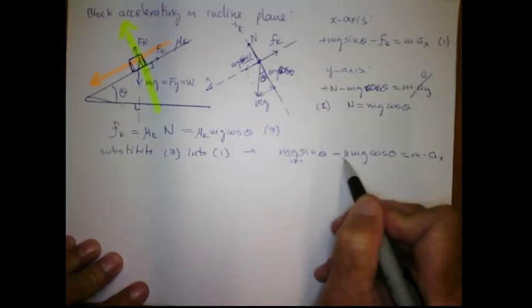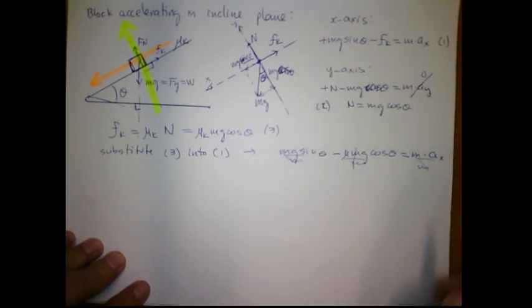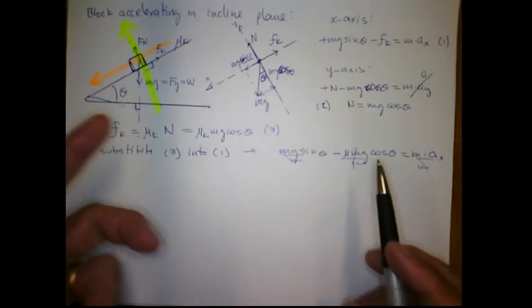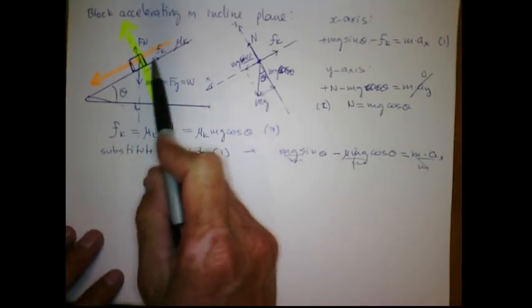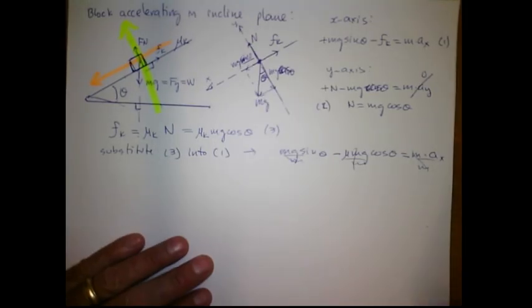If I divide, the masses cancel. That's quite interesting. When the mass disappears from the equation, it means that the acceleration is independent of the block's mass, despite having friction.